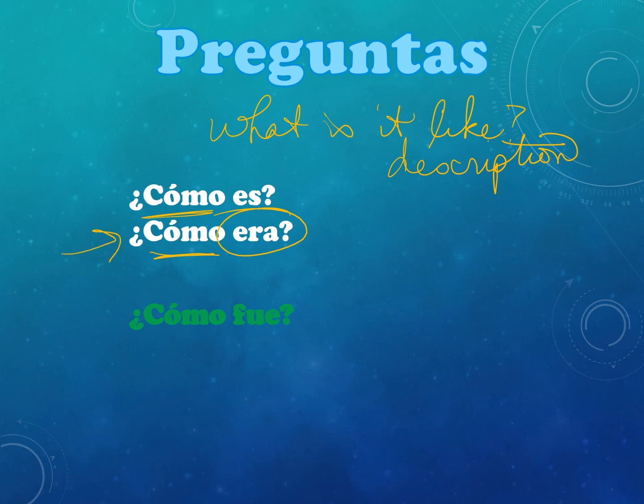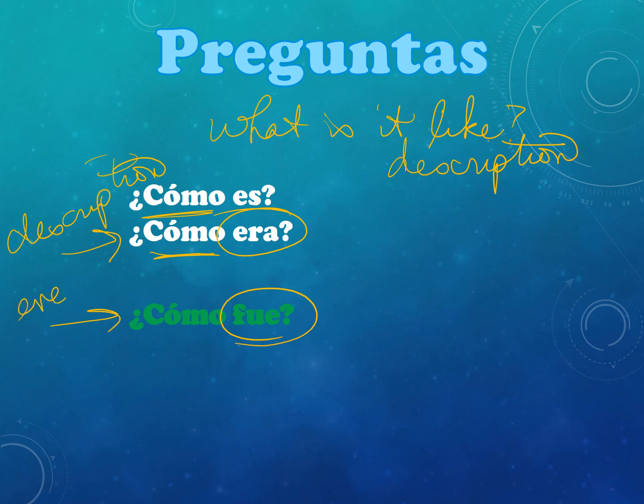So the difference here is that ¿cómo era? is going to be more description, and ¿cómo fue? is going to be more like an event. ¿Cómo será? What will happen? And again, that's predictions, and we've talked about how to do predictions.